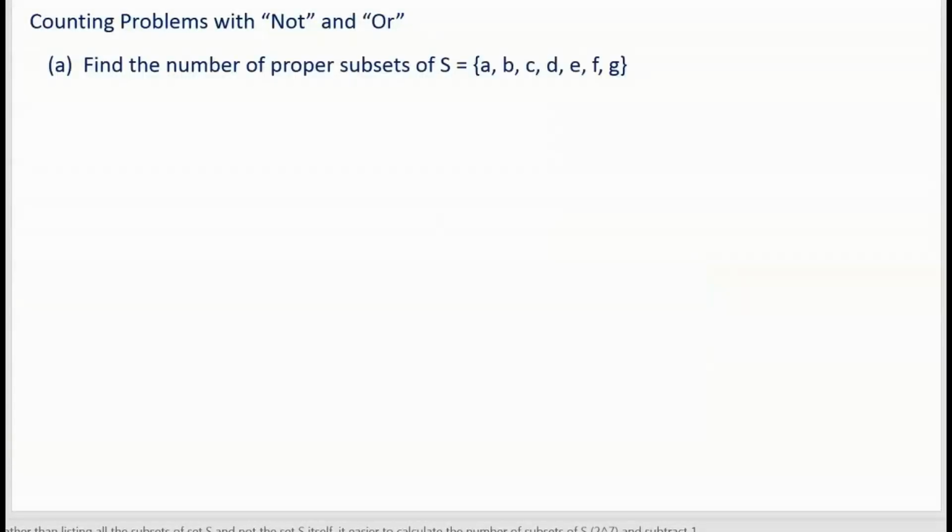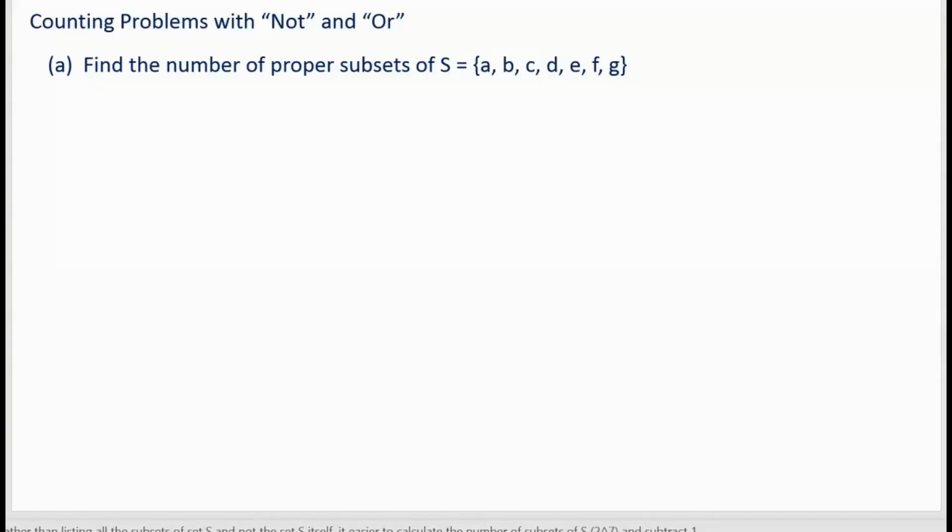So we want to start off with a problem right off the bat. Example A: find the number of proper subsets of the set S, where S includes A, B, C, D, E, F, and G. You'll have to remember from the sets topic that proper subsets are all the subsets of your set, not including the whole set.